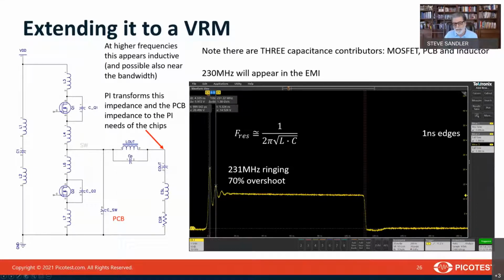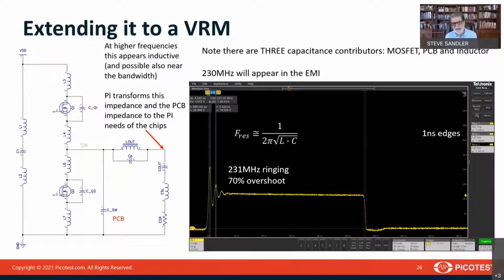One is the capacitance of the power plane, and another one is the capacitance of the output filter inductor. And the parasitic inductance is the loop that goes through the input capacitor, through the upper MOSFET, returning through these capacitances and back through the input capacitor.